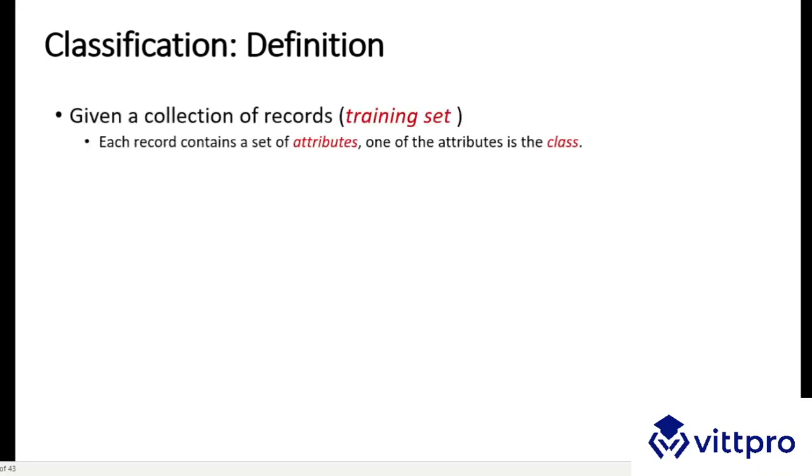Data mining actually means identifying patterns. There are three or four different types of patterns that we will be looking at. One is classification. The classification problem is: in a given set of records, there is a set of attributes relevant to a class.